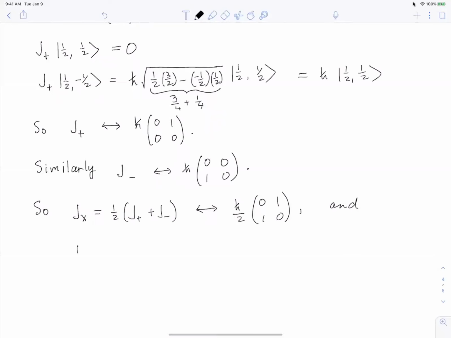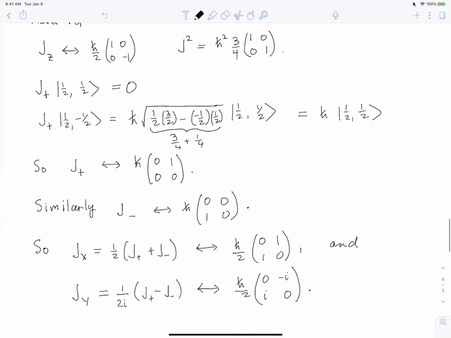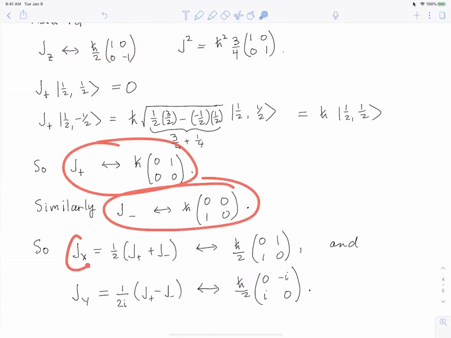And similarly for Jy, now there's a factor of i that I can never remember if it's plus or minus, but it says here it's 1 over 2i, J plus minus J minus, which means it has the matrix representation h bar over 2, 0, minus i, i, 0. Okay, so now we know the matrix representations of basically everything. We've got Jz, we've got J squared, we've got J plus, we've got J minus, we've got Jx, we've got Jy.